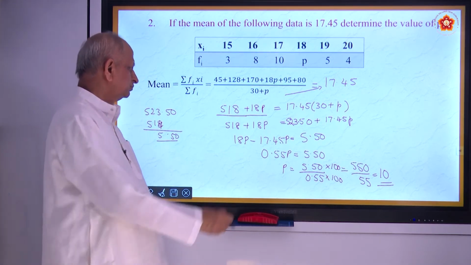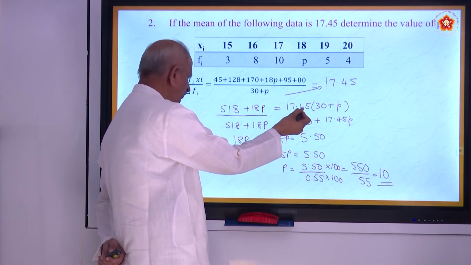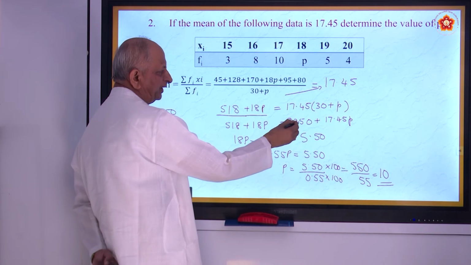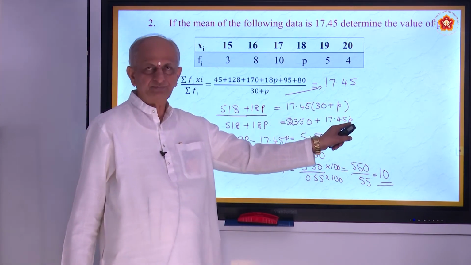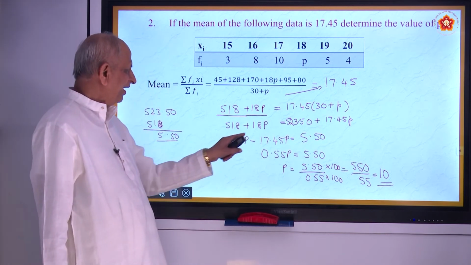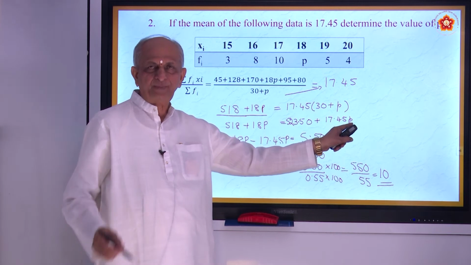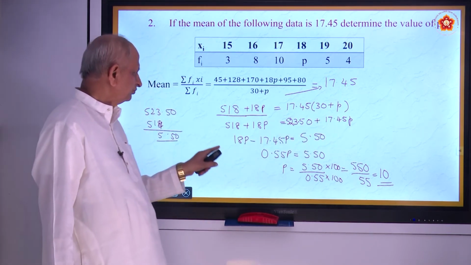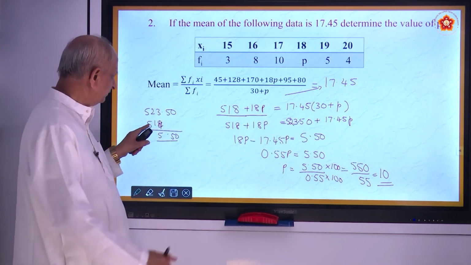Now if you remove the bracket, 17.45 into 30, that comes to 523.50. Multiply these two, you get this. Now all p one side, 18p is here, 17.45p bring to the left side, and on the right side you have 523.50 minus 518.